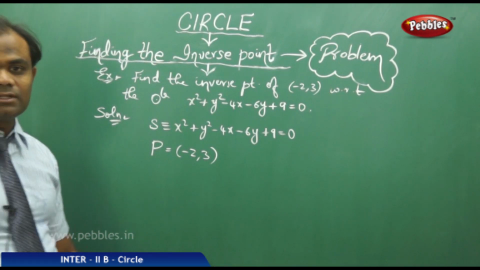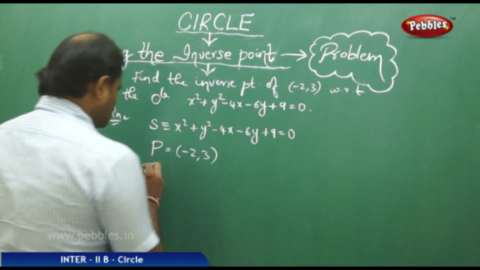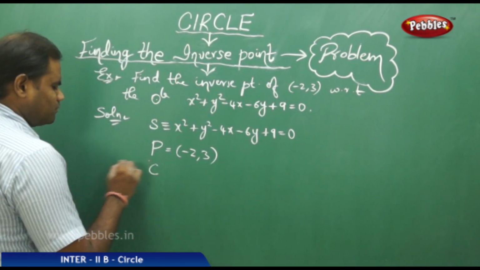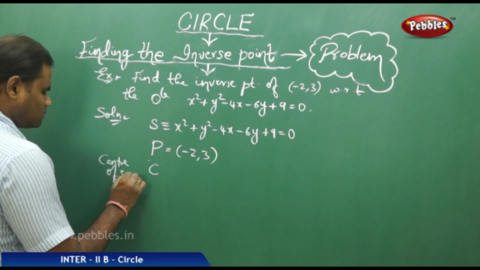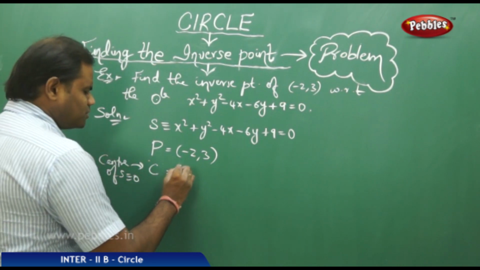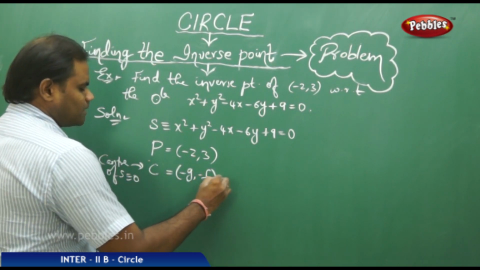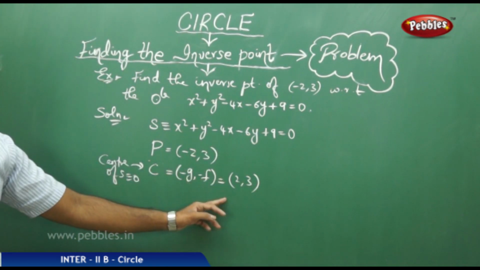So for this, let me take the diagram. Now here, the center of S, which is denoted by C, is given by (-g, -f), that is (2, 3), as derived from here.